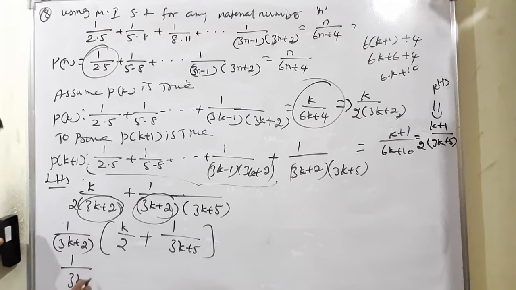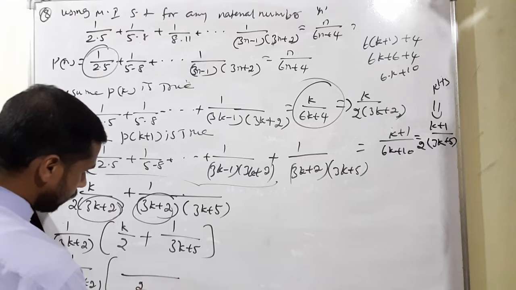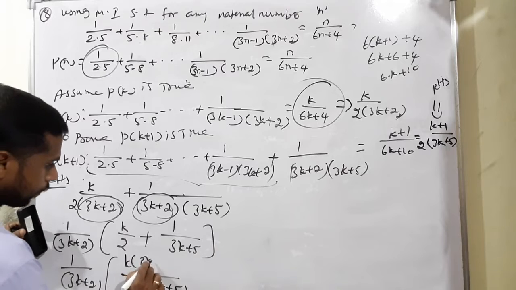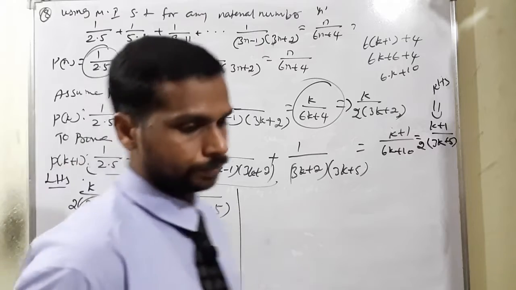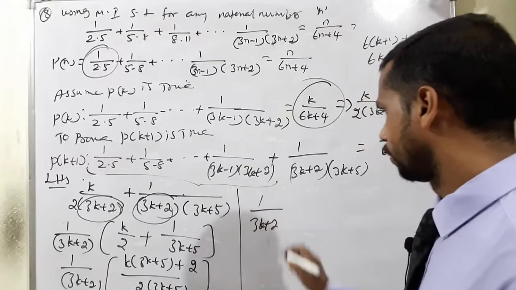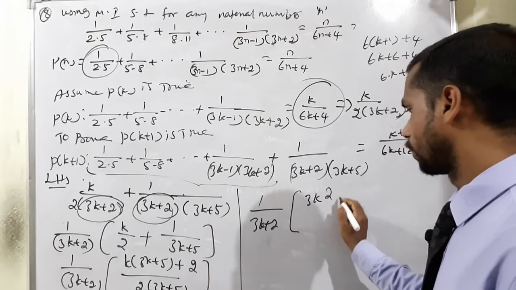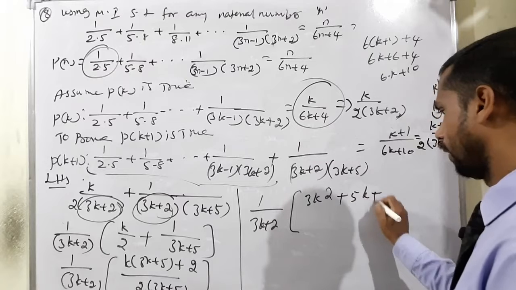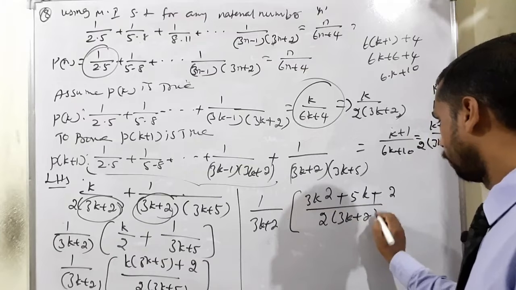Again 1 by 3k plus 2, then taking the LCM, what will happen? 2 into 3k plus 5, cross multiply: k into 3k plus 5 plus 1 into 2, means 2. Therefore 1 by 3k plus 2, inside, if you remove the bracket, 3k into k means 3k square plus 5k plus 2, divided by 2 into 3k plus 2.